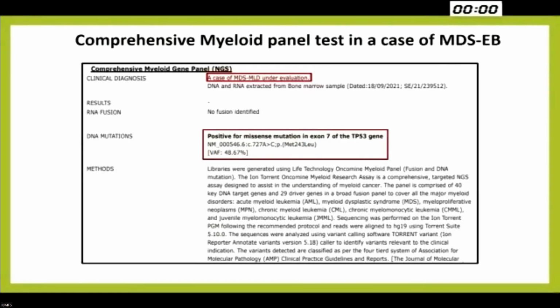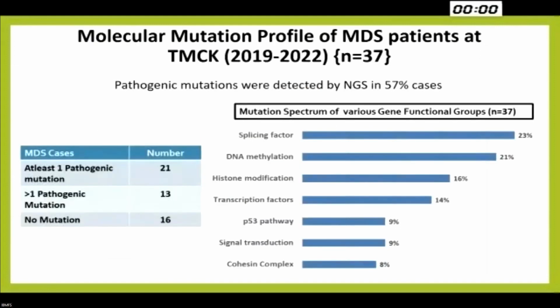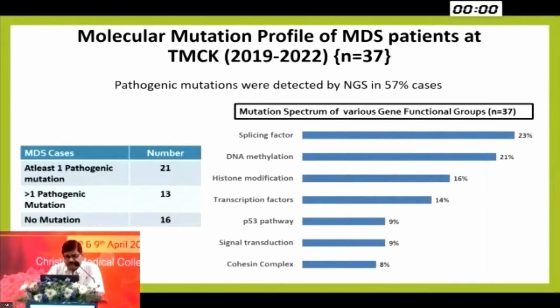So this is one of the reports where we have a missense mutation in exon 7 of the TP53 gene. And this is our result of 37 cases that we have tested only in myelodysplasia between 2019 and 2022. At least one pathogenic mutation was seen in 21, more than one pathogenic mutation in 13, and no mutations could be seen in 16.